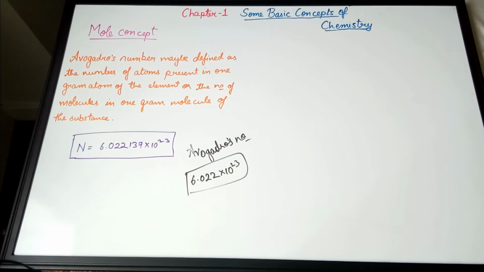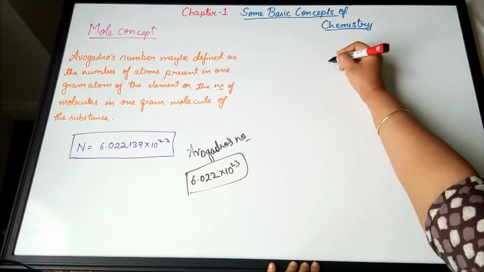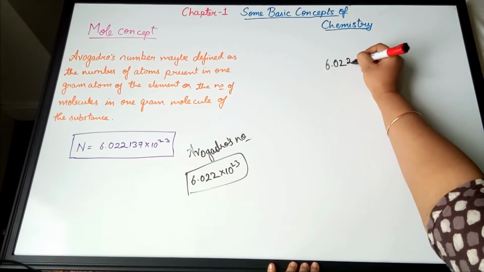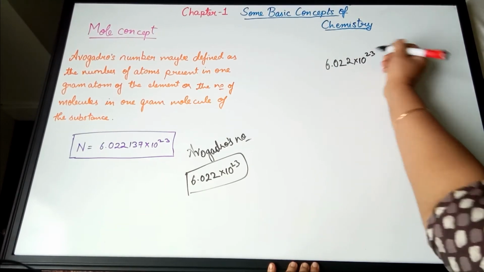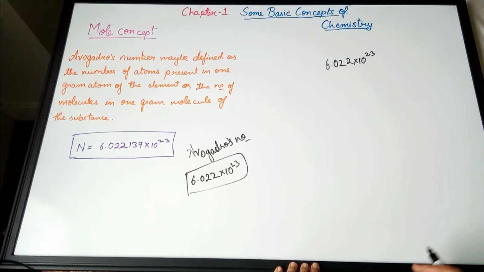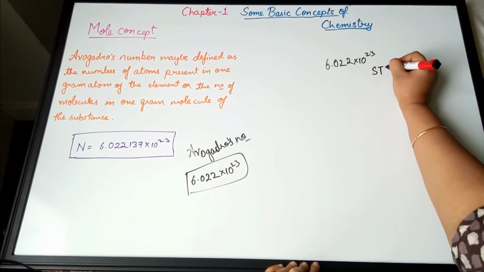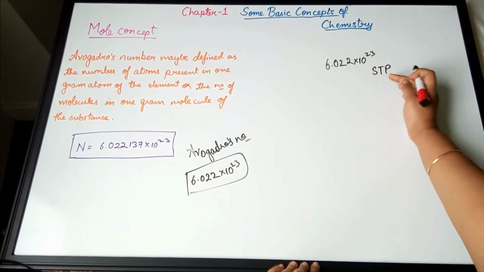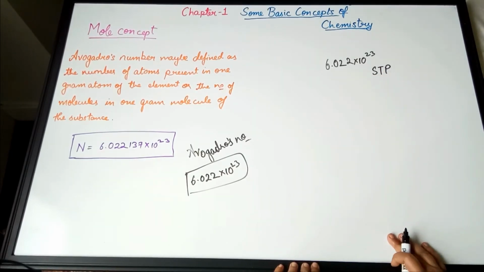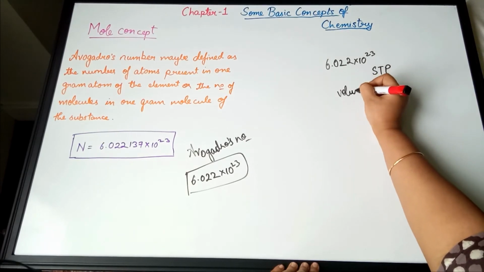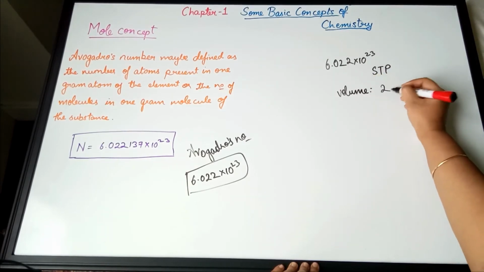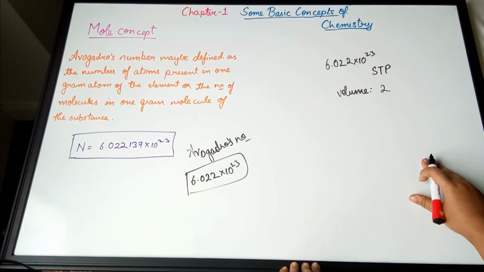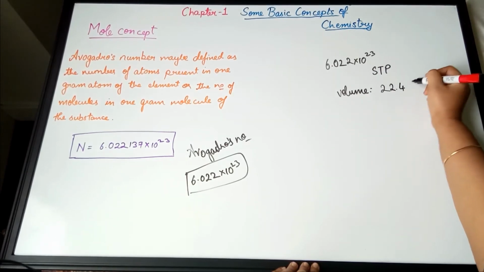So when we think about 6.022 into 10 to the power 23 particles at standard temperature and pressure, where standard temperature is 0 degrees Celsius and pressure is atmospheric pressure, the volume was experimentally found to be 22.4 liters.